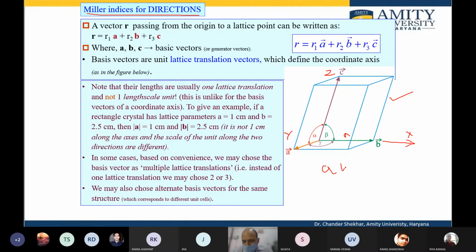A, B and C are the vectors along x, y and z.